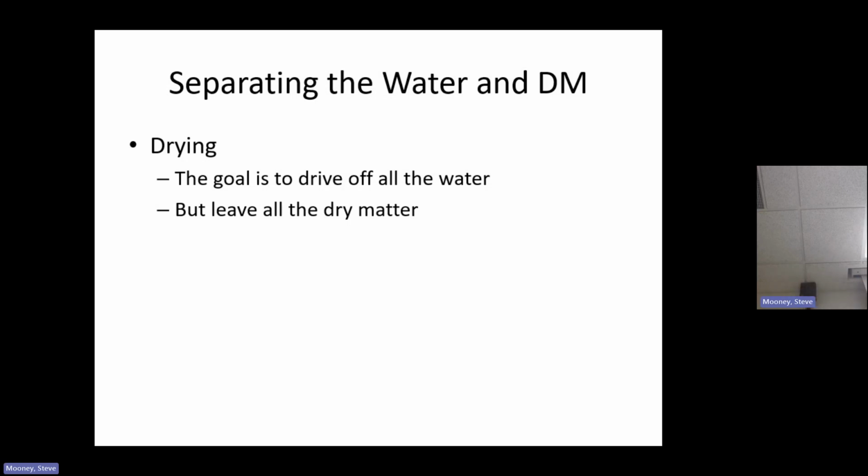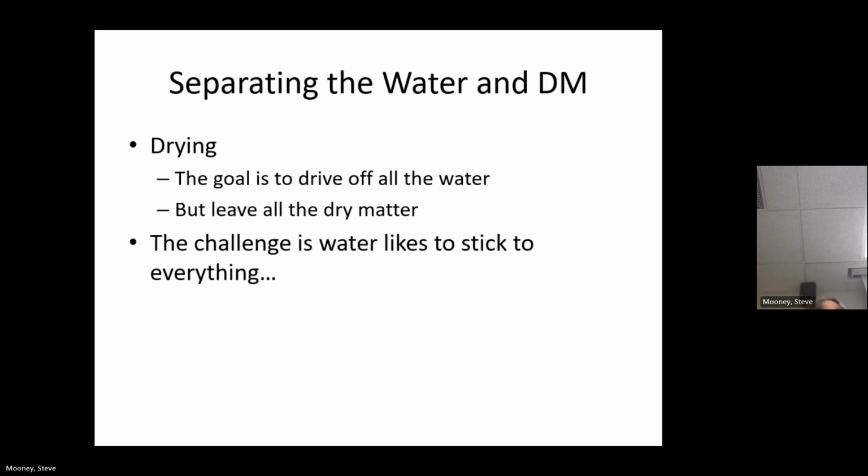What have we done? We've overestimated the moisture, underestimated the dry matter, because we assume that water just disappears, but if dry matter also disappears, we are going to underestimate our dry matter.